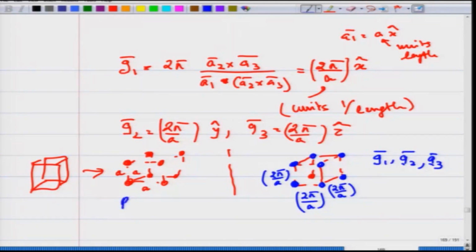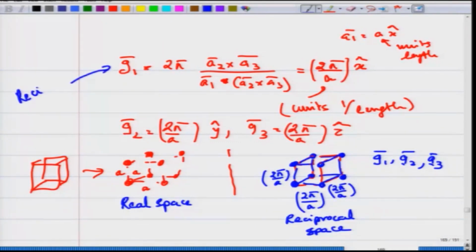So, this is in real space, this is in reciprocal space. Reciprocal because they are inverse of length. So, corresponding to every real lattice, you can generate another lattice using your reciprocal lattice vectors. These vectors are called reciprocal lattice vectors.